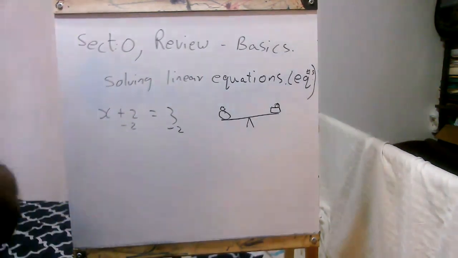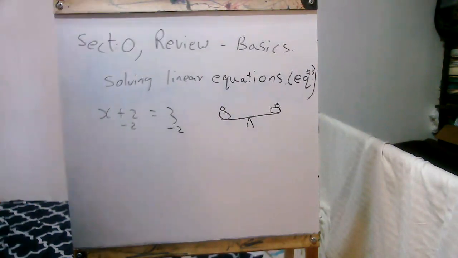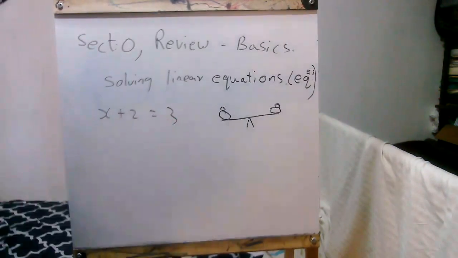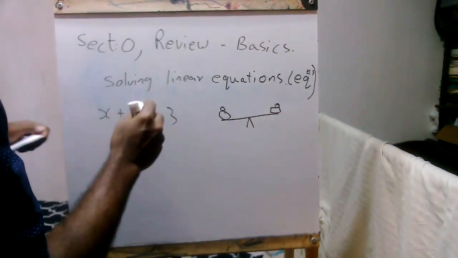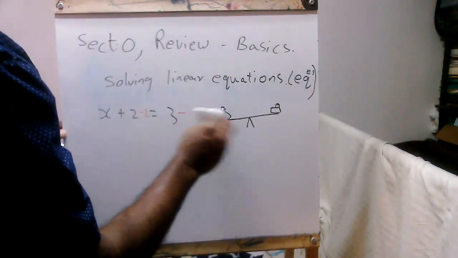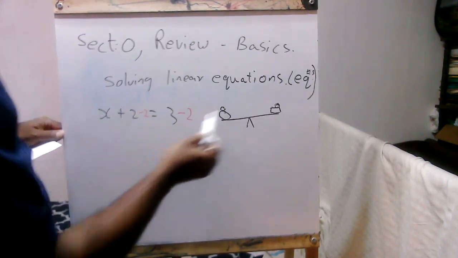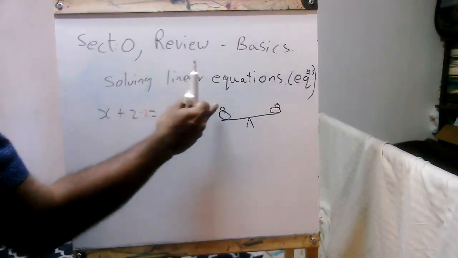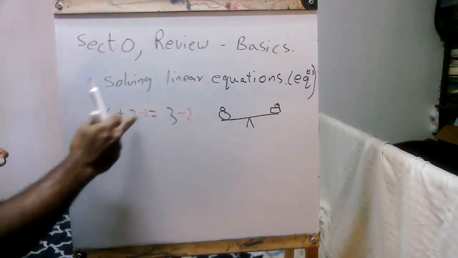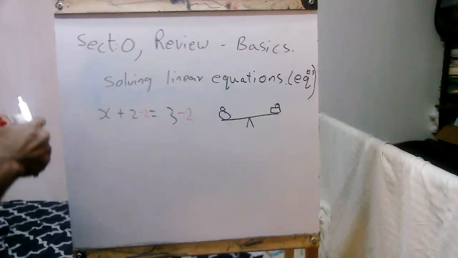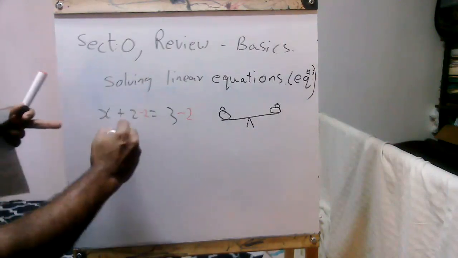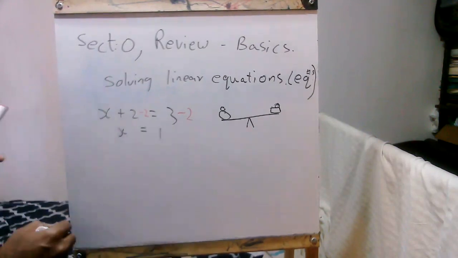You can assume it is on the same line. We put negative 2 on this side and negative 2 on the other side. Why do we do that? To get rid of this positive 2. Then we get the answer x equal to 1.